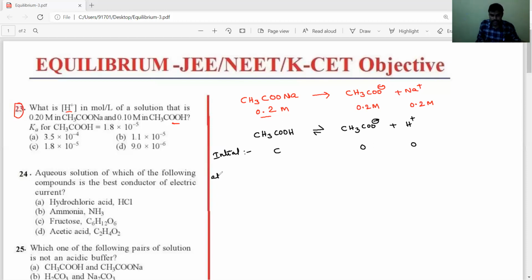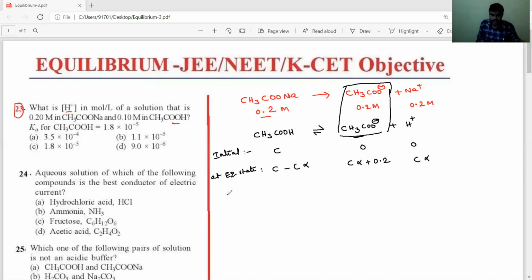At equilibrium state, the acetic acid concentration becomes C minus C alpha, and since the solution also contains sodium acetate, the acetate ion concentration at equilibrium is C alpha plus 0.2, and H plus ions concentration is C alpha.